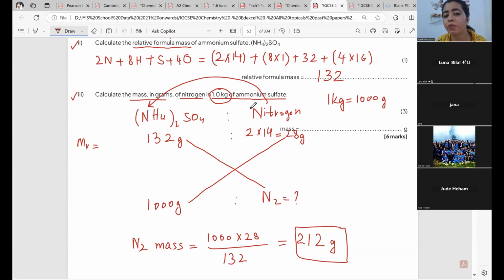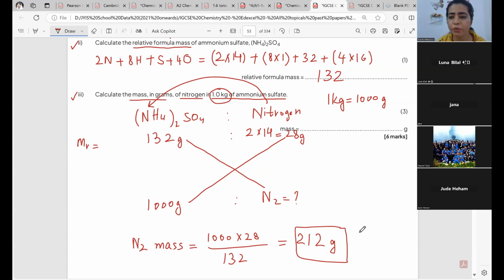In this 132, the mass of nitrogen is 28 only. If the main formula has 1000 grams, what should be the mass of nitrogen then? We just cross multiply and get the mass of nitrogen. Is this clear to everyone? Yes, Miss. You can finish writing, then we can move forward.